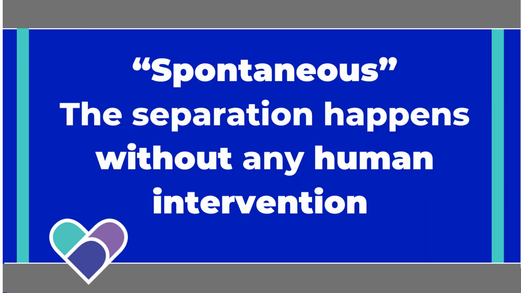So moms can be separated from the human beings in their womb, their baby, for a couple different reasons. One, it can happen spontaneously, and that means without any human intervention. This is what we call a miscarriage, especially when it happens before 20 weeks. It's a miscarriage because the baby dies, and this isn't something that we cause to happen. This is something that just spontaneously happened without any human intervention.